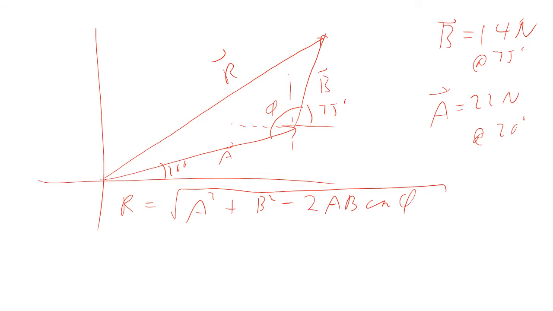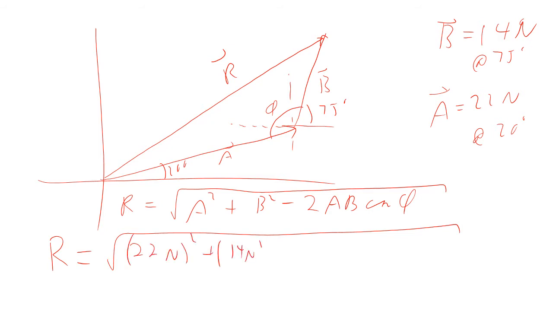Okay, so if we plug in the numbers that we've got here, then R is the square root of 22 newtons squared plus 14 newtons squared minus 2 times 14 newtons times 22 newtons times cosine phi. Well, we've got to find phi. How do we find phi?